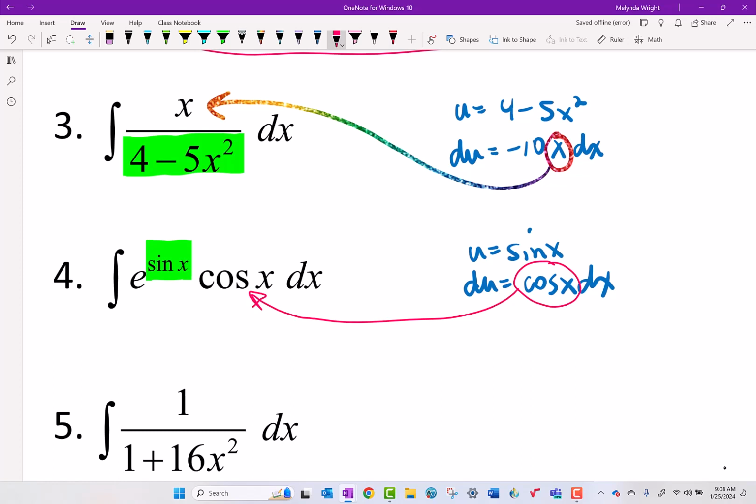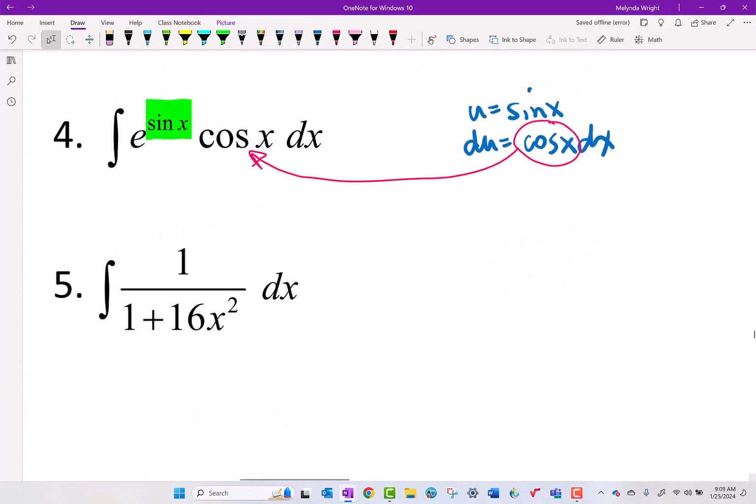So we picked correctly. If it doesn't, then we picked incorrectly. Okay, are we okay? All right, so let's go to the last one, which is the weirdest one, of course.